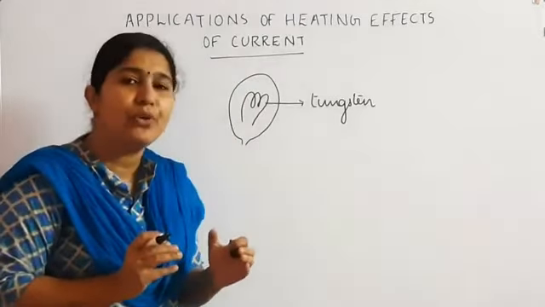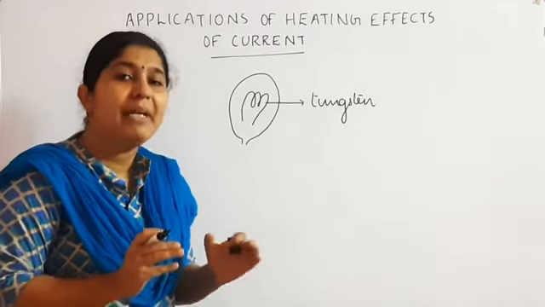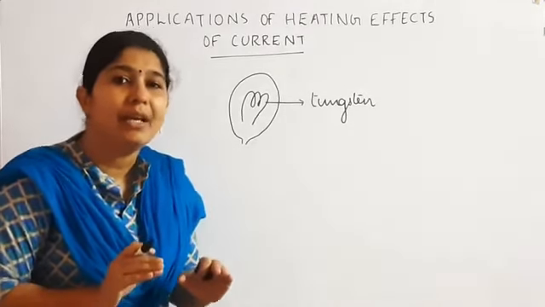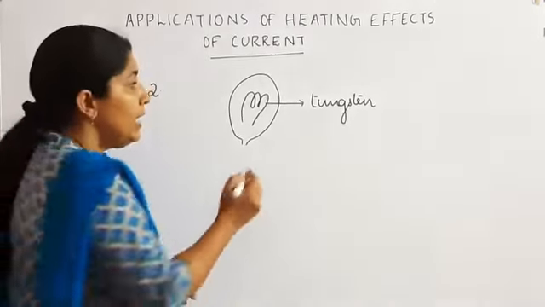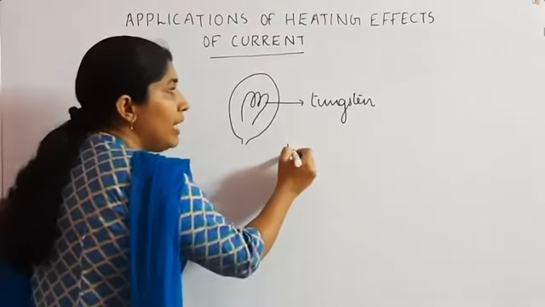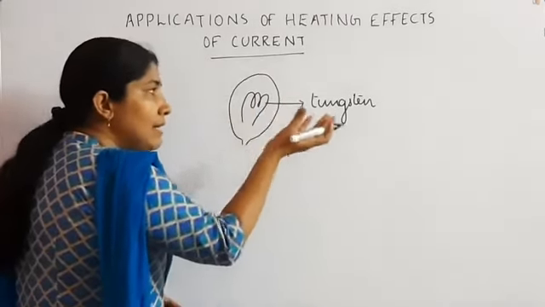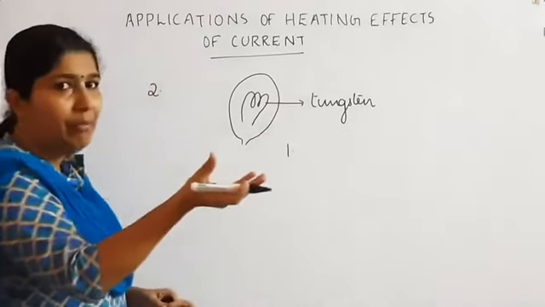It becomes red hot for a long time, but it does not undergo any melting. The first point regarding tungsten wire is that it remains red hot for a long time.